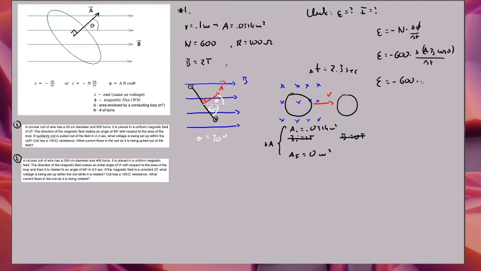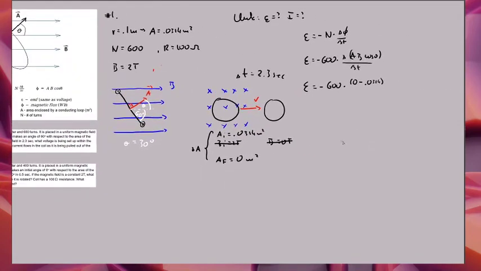I go from 0 to that, so let's just write this 0 minus 0.0314, and I'm running out of space. I guess I'm going to slide this screen. Times magnetic field, which was 2, times the cosine of 30, all of this divided by the time, which was 2.3.